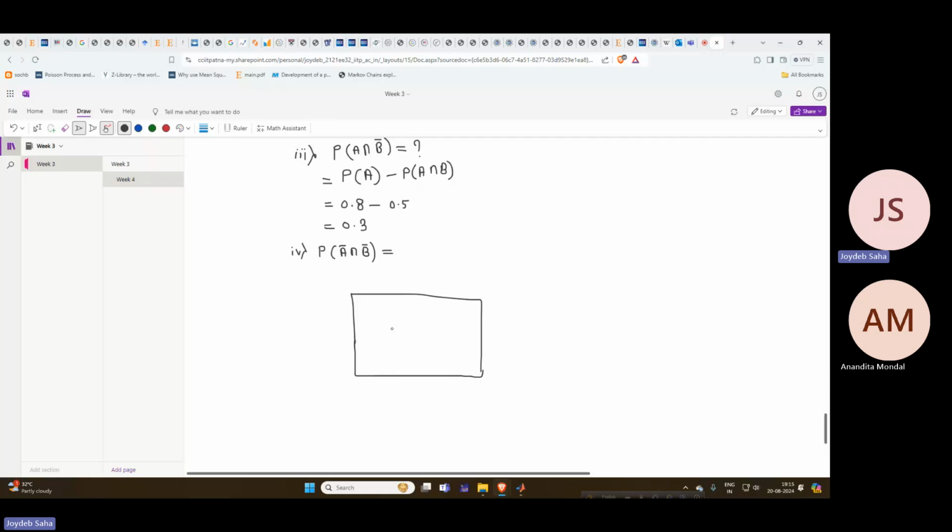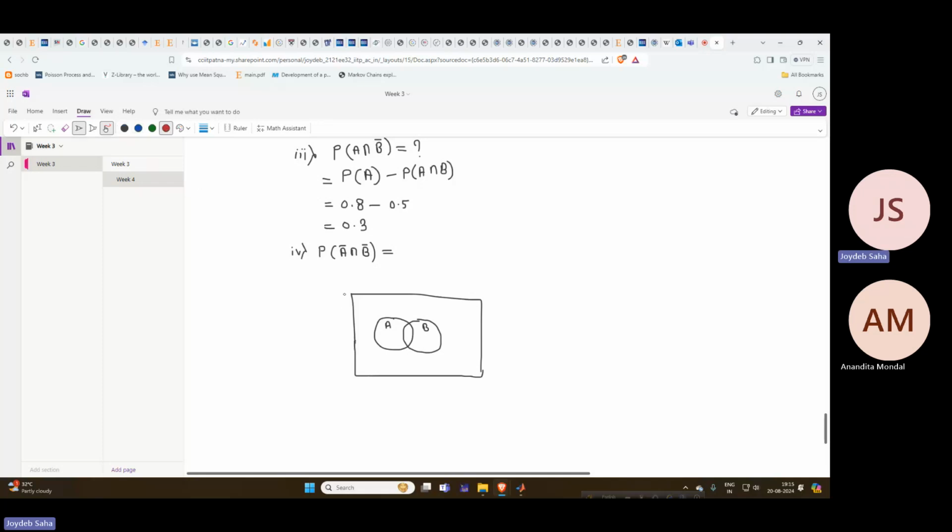This is the whole sample space, this is A, and this is B. Now let's take some other color, red.